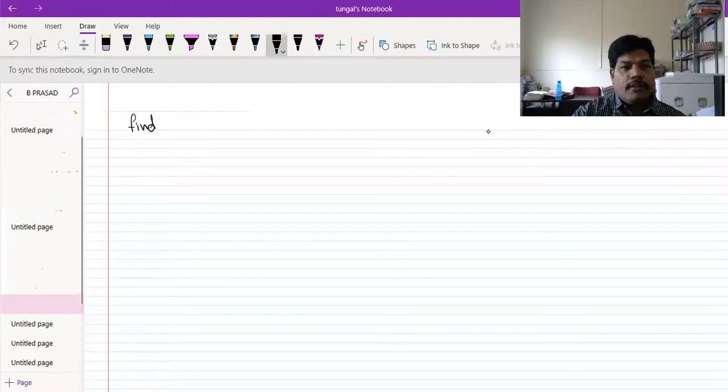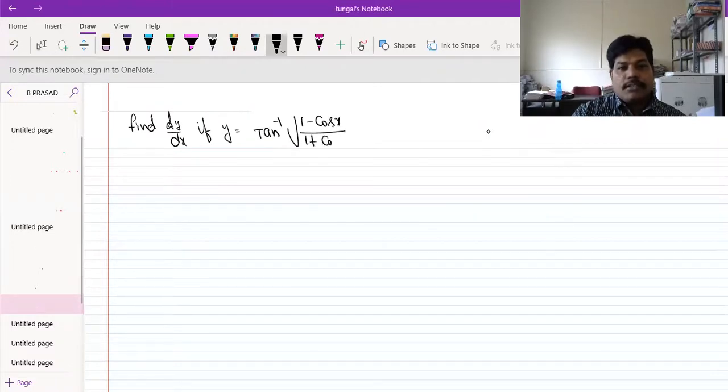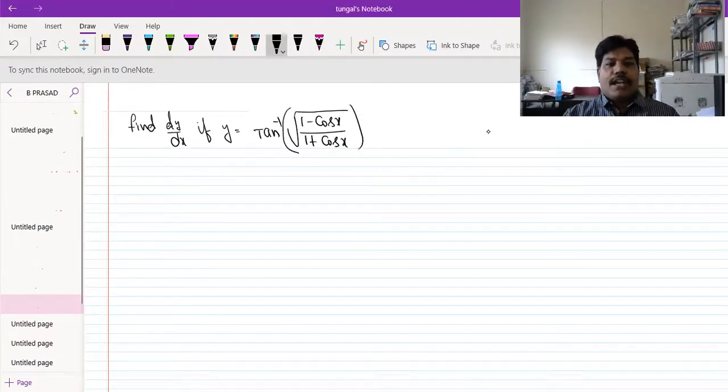Find dy by dx if y is equal to tan inverse of root of 1 minus cos x by 1 plus cos x. So just to calculate the dy by dx value, y is equal to tan inverse of root of 1 minus cos x by 1 plus cos x.